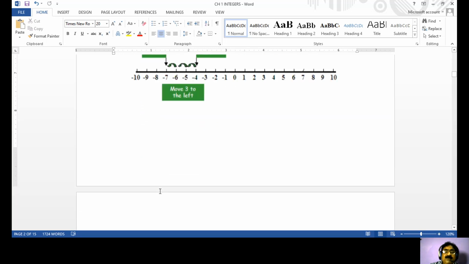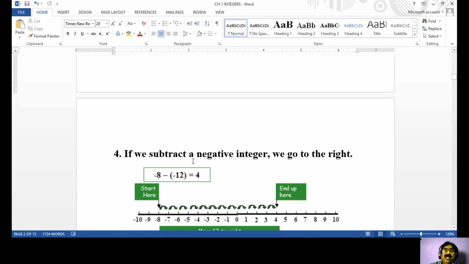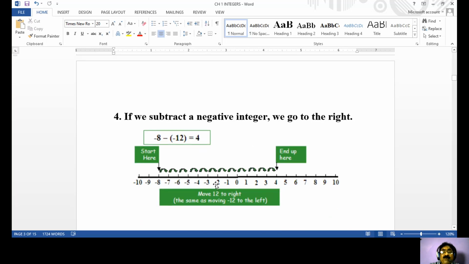Now if we subtract a negative integer, we go to the right side. Children, take -8 and -12. From -8, we want to subtract -12. What will we do? First from 0, we go 8 steps to the left side: 1, 2, 3, 4, 5, 6, 7, 8.